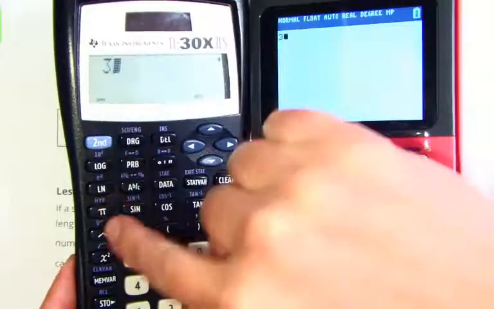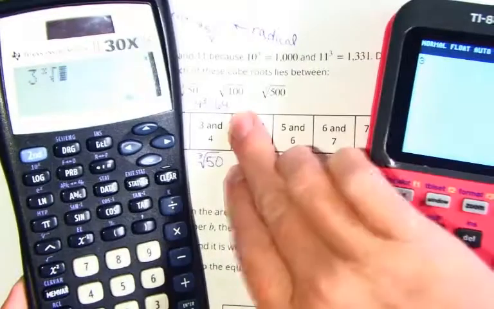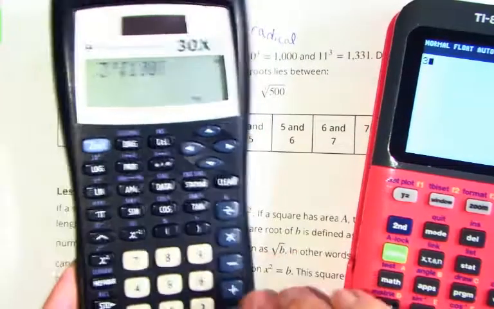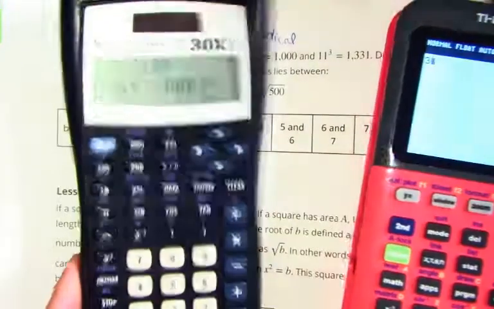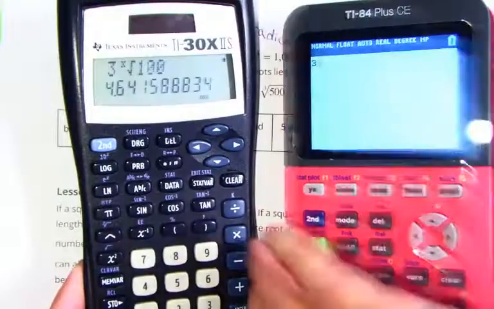And then we'll hit that button to show us the root symbol. We're trying the third root of 100. Well, that's going to be somewhere between 4 and 5, because 4.6 lands between 4 and 5.